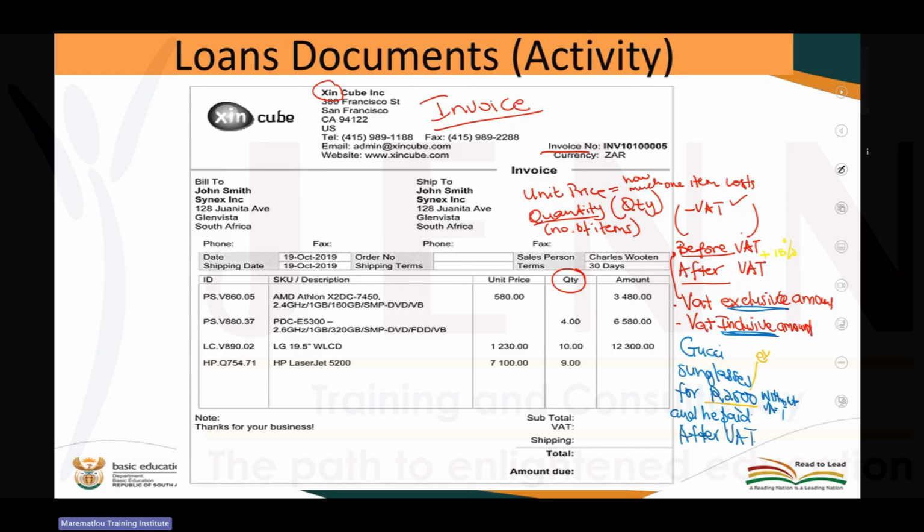It's VAT exclusive. When I'm doing my calculations, I'm going to add 15% on top of this. I'm not expecting to get an answer of 2,300 or 2,100. Why? Because the VAT inclusive amount must always be more than the VAT exclusive.